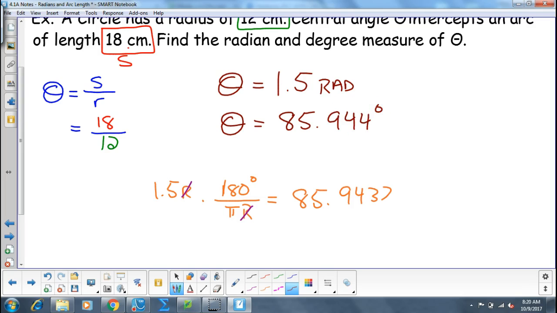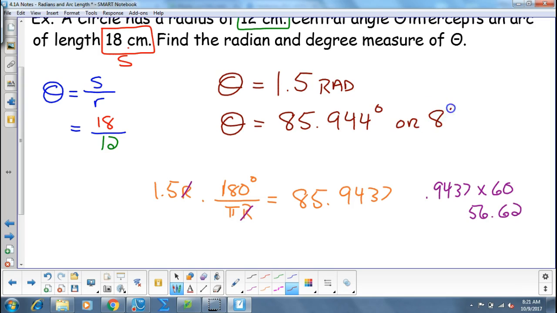That's if I was going into decimal degrees, right? But what else could I put that into? Degrees, minutes, and seconds, right? So we would take this 0.944, or 0.9437, whatever you want, and multiply it by 60, and that would give us 56.62, or 56.64.